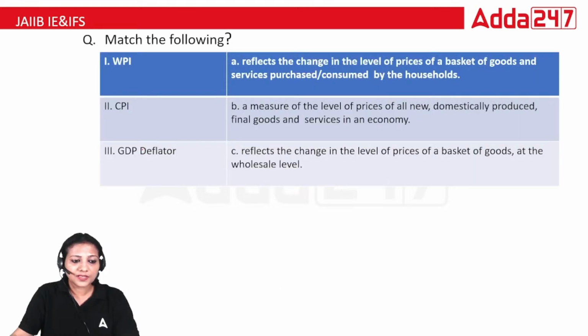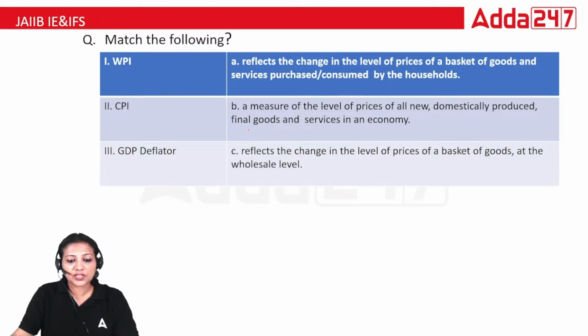Now match the following: WPI, CPI, and GDP deflator. And the options given on the right side are: reflects the change in level of prices of a basket of goods and services purchased or consumed by the households. A measure of the level of prices of all new domestically produced final goods and services in an economy.